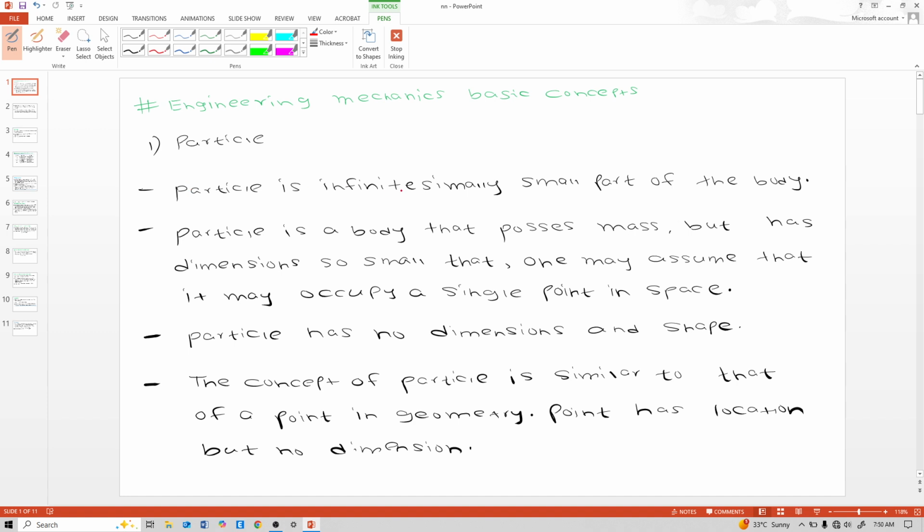A particle is an infinitely small part of a body. This word is important here in this bullet point: infinitely small part of a body. Let us consider one body. Let us consider this as a body and see here.